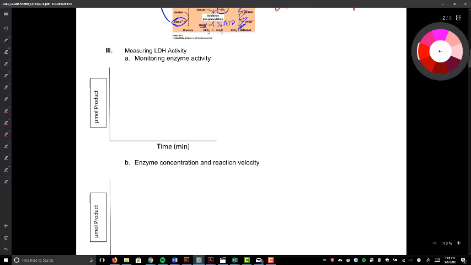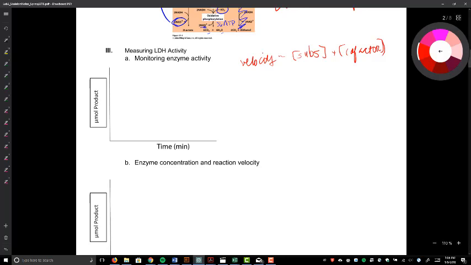So the velocity or the speed of the reaction is dependent on the concentrations of the substrate and the cofactor.